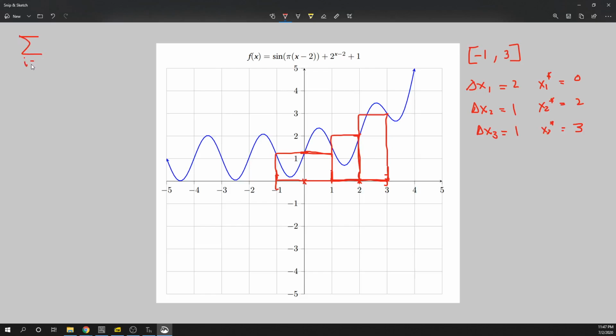Okay. So that's for drawing the rectangles, and now we actually want to use our approximation, right? So we would use our formula, the sum from i equals 1 to n of f of xi star times delta xi. Remember, that is our approximation formula for this scheme of rectangles and points.